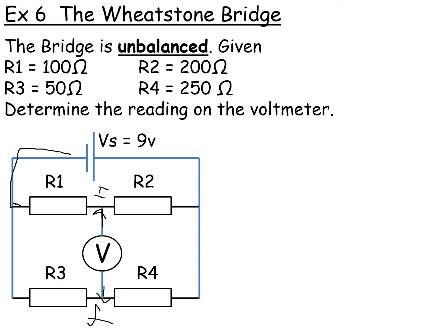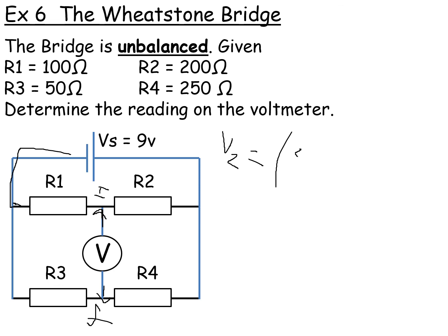So we know it's unbalanced, so our equation for a balanced Wheatstone bridge isn't going to work, and we're going to have to use voltage division. So let's do voltage division. Remember, we're only interested in V2 and V4, the second voltages. So exam technique, write down your equation. I'm going to skip a step because I know writing the equation for me is a wee bit trickier, and I'm just going to plug in the numbers straight away.